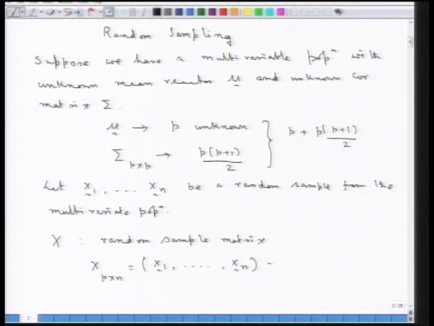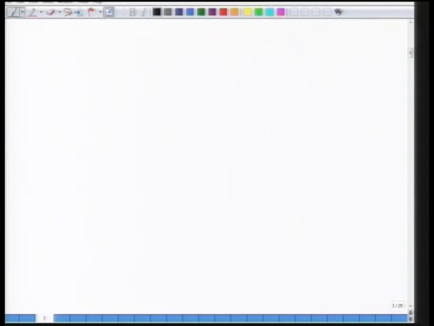Now, this can alternatively be written as y1 prime, y2 prime, up to yp prime, where these quantities have the following interpretation. The xj vector is the jth observation vector, and we have n such observations, so j equals 1 up to n.